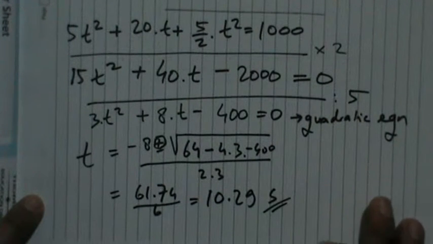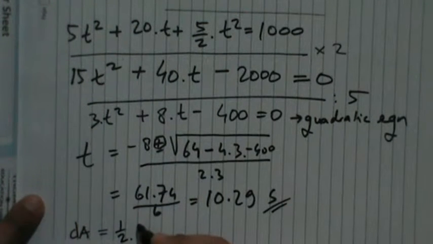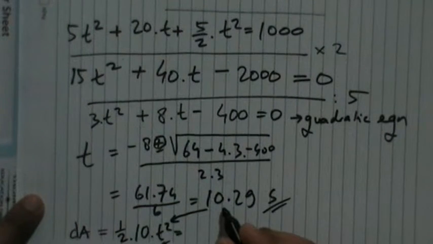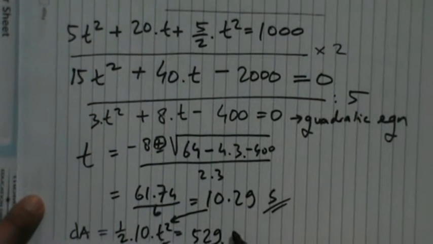So if we calculate the distance traveled by A, then you get 1/2 times 10 times t squared, and by putting the time here, 10.29, you will get 529.5 meters.